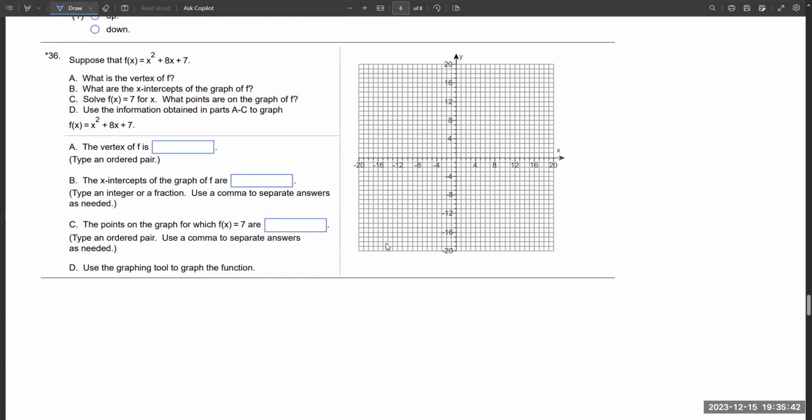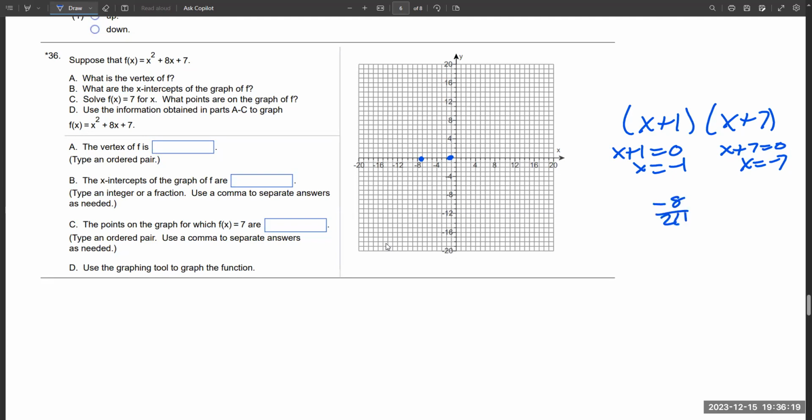Now we have another example, x squared plus 8x plus 7, which breaks down into x plus 1 times x plus 7. So we're going to have x-intercepts at -1 and -7. My vertex is going to be at negative b over 2a.